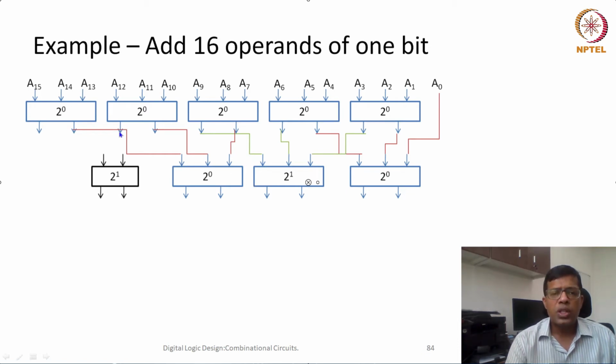Similarly, the remaining 2 are also 2's power 1 place, I can add both of them also. So using this, I have now created the second stage.